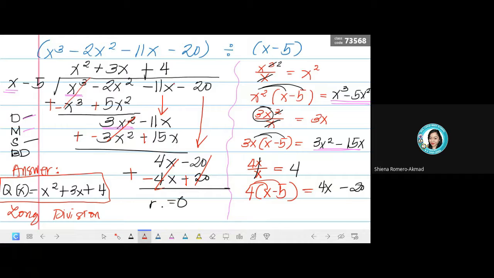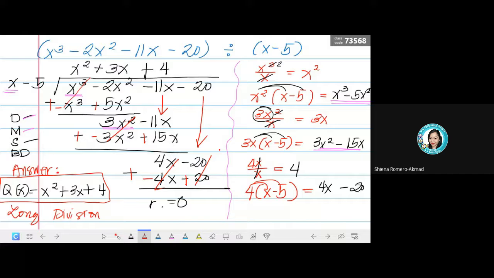Using this method. And actually, maganda rin to. At ako gustong-gusto ko itong process na to, kasi nakikita ko, first step, kung ano yung ginagawa ko. And meron din na mas madali, of course.